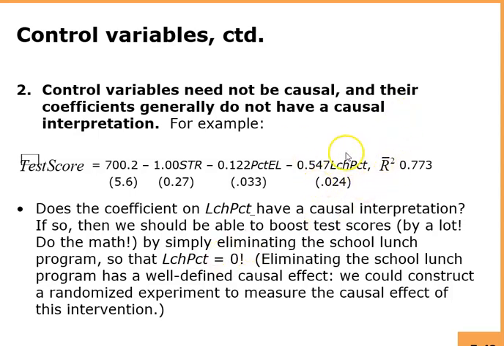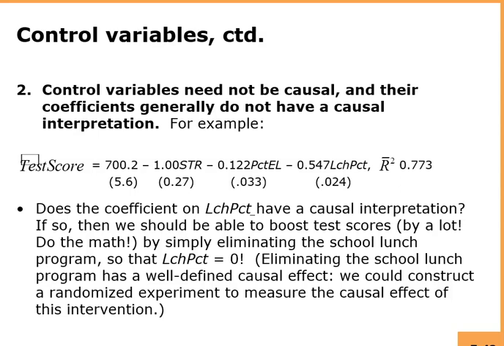So if you are part of this program, it would mean that you probably belong to a less affluent household, which means that your chances of scoring higher on a test are actually lesser. So if we thought that this coefficient has a causal interpretation, it would simply mean that eliminating the school lunch program will have a better outcome for test scores.